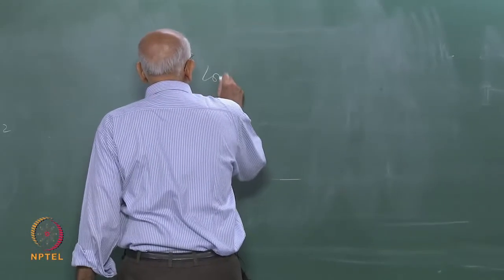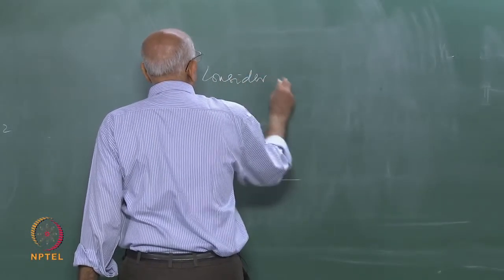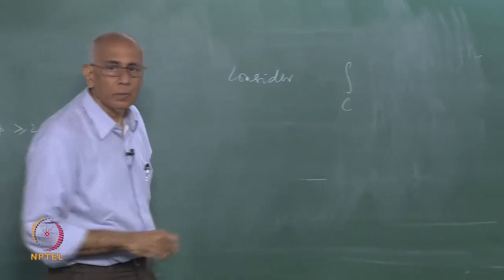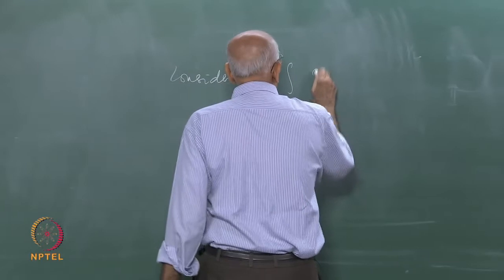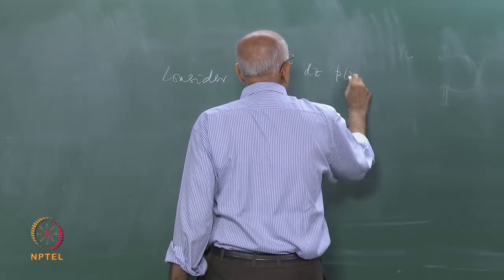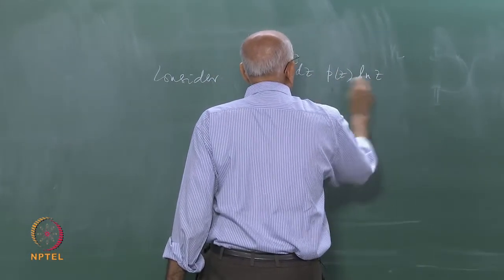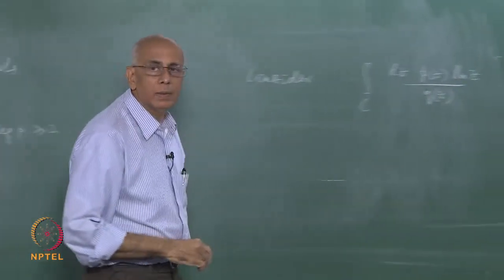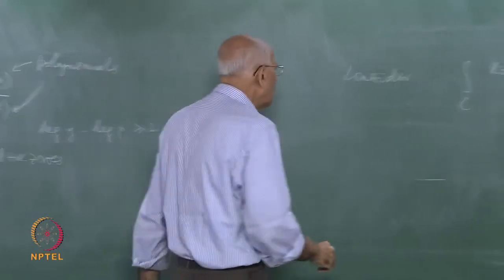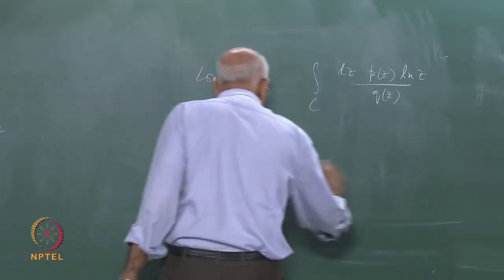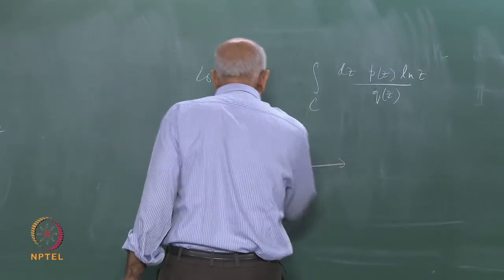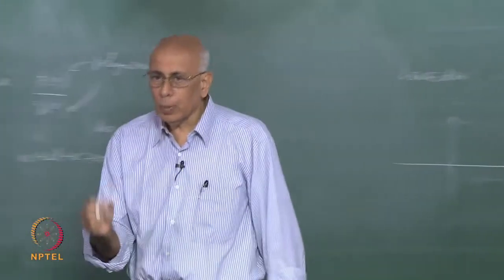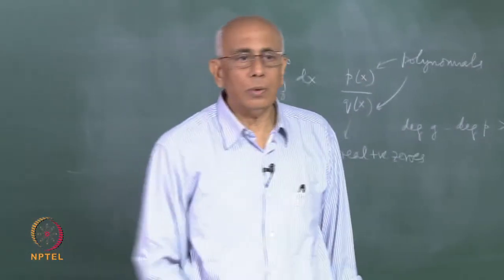Consider the following integral over a contour C, which I am going to prescribe now: dz p of z log z divided by q of z. And the contour is the following. In the z plane, this function log z that I have introduced has branch points at z equal to 0 and z equal to infinity.